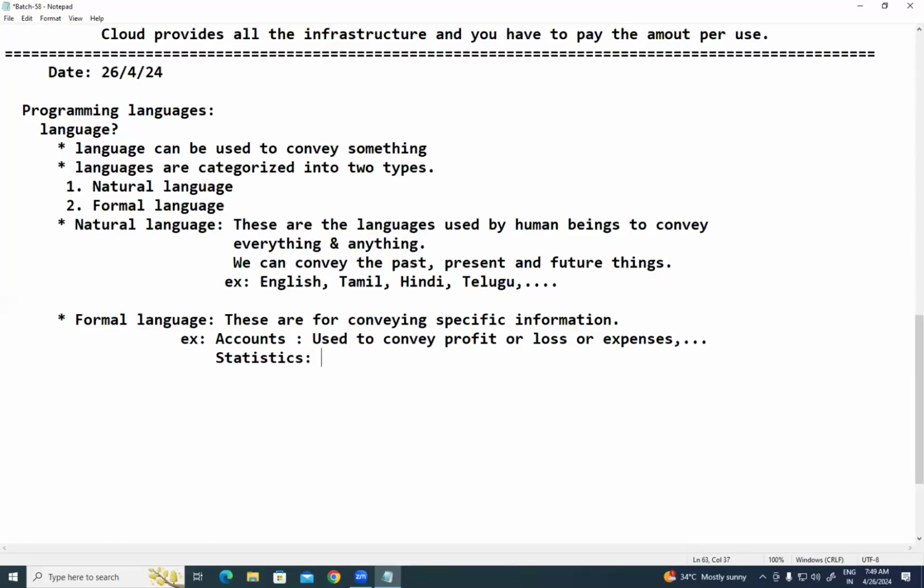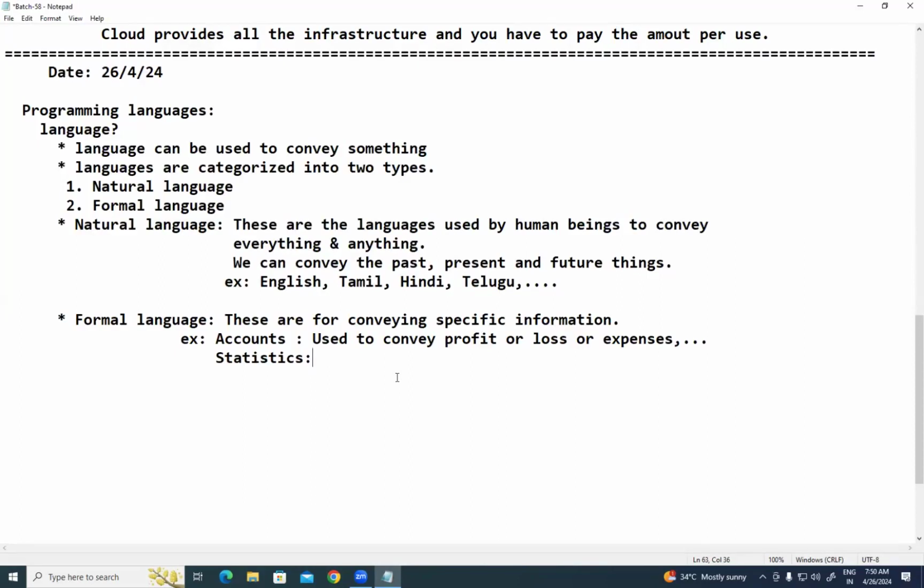Let us take statistics. Folks, can you tell me with statistics what we can convey? For what purpose do we use statistics?